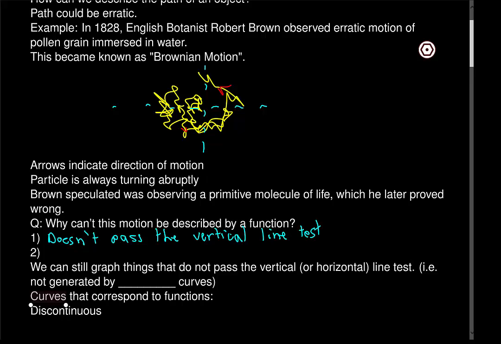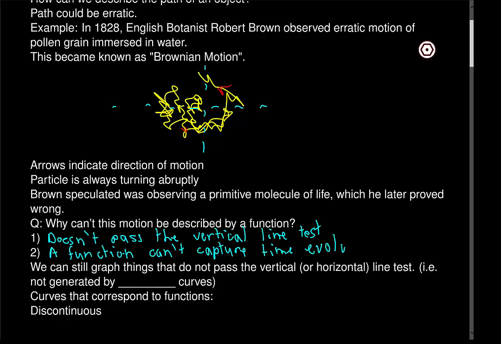But there's another reason, and that is that one of the important ideas in this path is the notion of what it's doing as time passes. And so a function can't capture the time evolution.